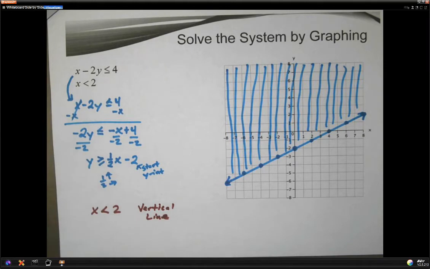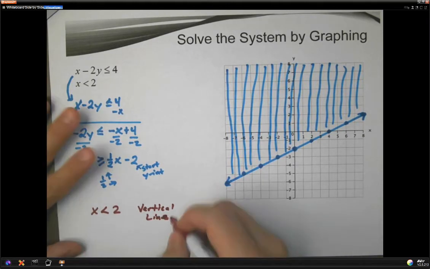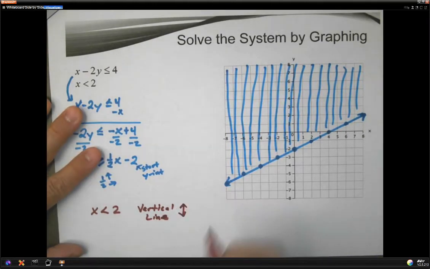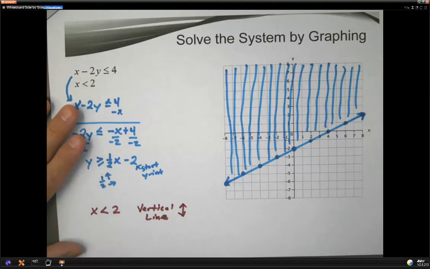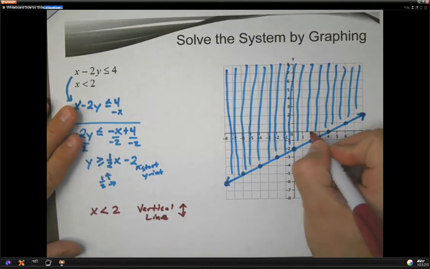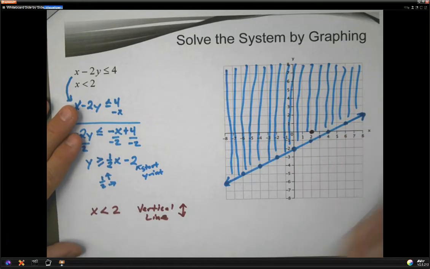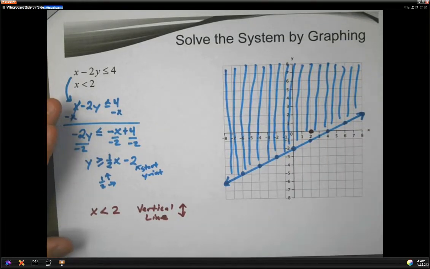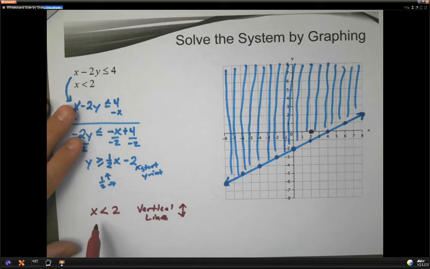Remember, when there's no x, that's that horizontal line. And a vertical line always goes straight up and straight down. So at x equals 2, that's where we draw it. Again, it's a special case. This is one of the only times that we're not going to start on the y-axis.